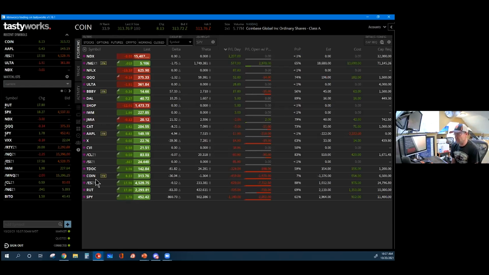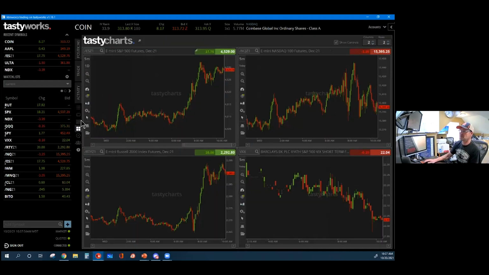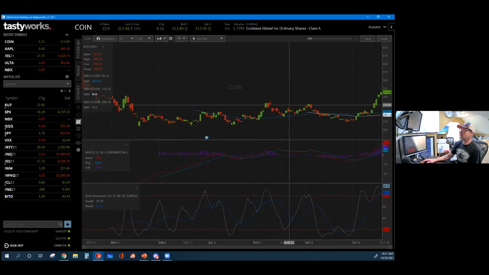If you look at coin here, you can see this big massive push as the cryptos, primarily Bitcoin, have been pushing to all-time highs, with the release of BITO, which by the way is starting to trade options today. That might be an interesting play to take a look at as well. So we'll look at that.